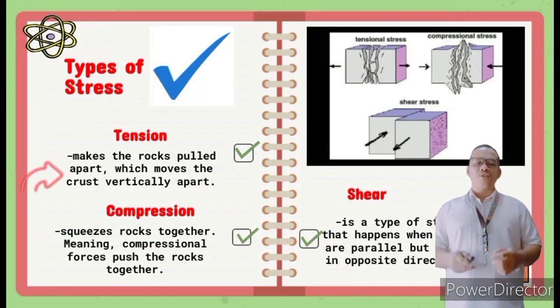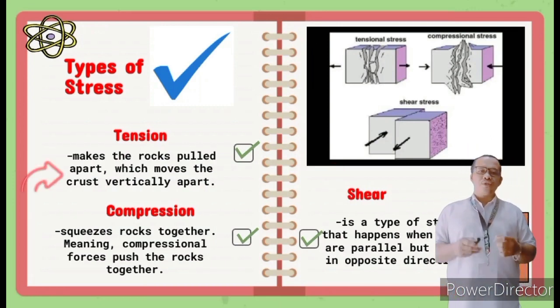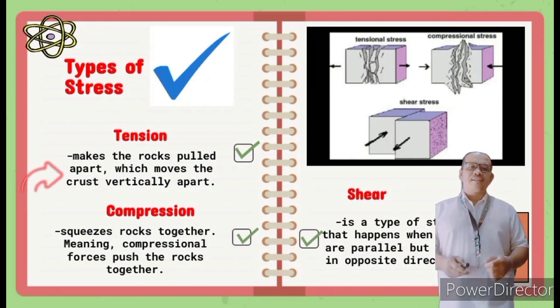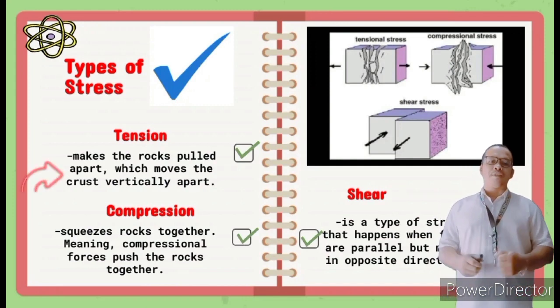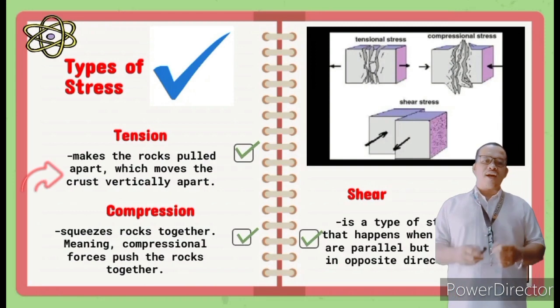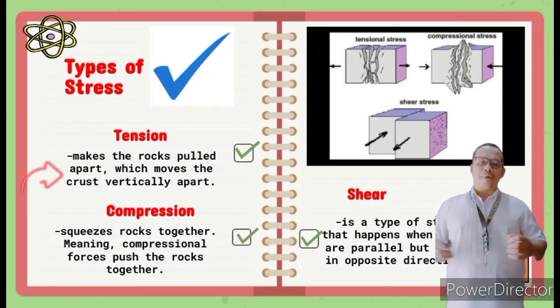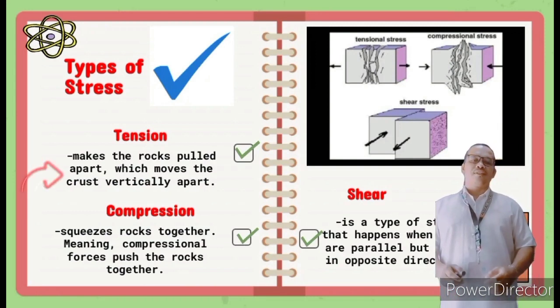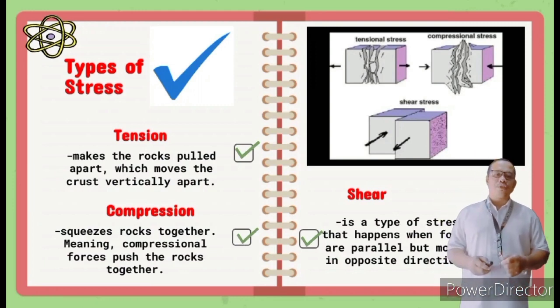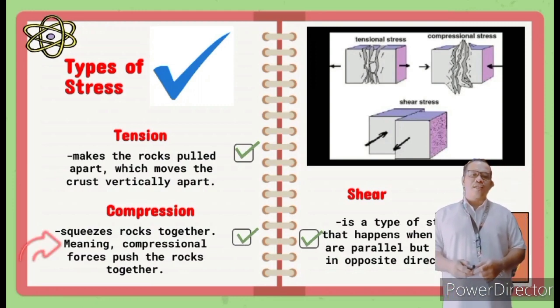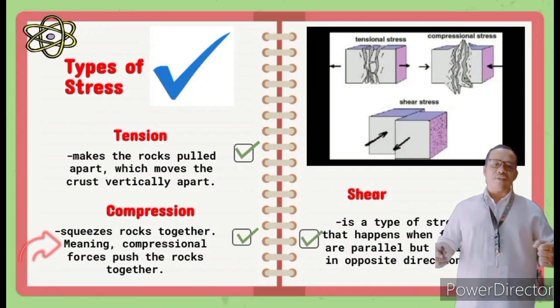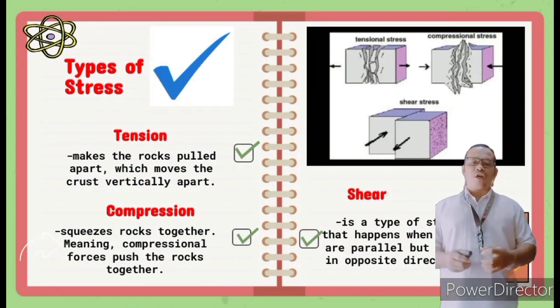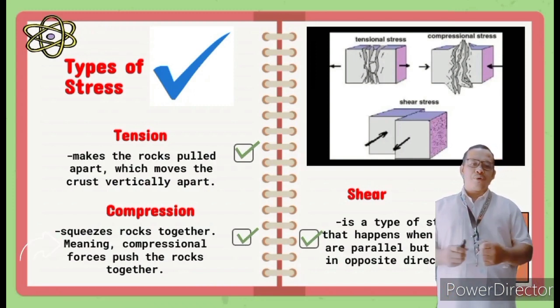What do you mean by tension stress? Tension stress makes the rocks pull apart. It moves the crust vertically apart. Number 2, compressional stress squeezes rocks together, meaning compressional forces push the rocks together.